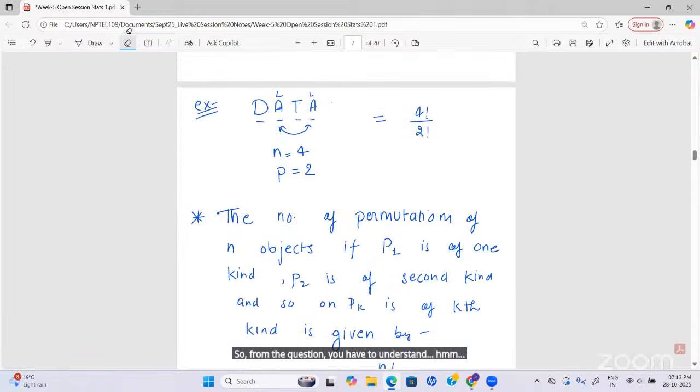Can I ask, ma'am, now? Yes. Ma'am, I'm asking that in this case, if we are allowing the repetition, then it will be 3 to the power 3, right, ma'am?